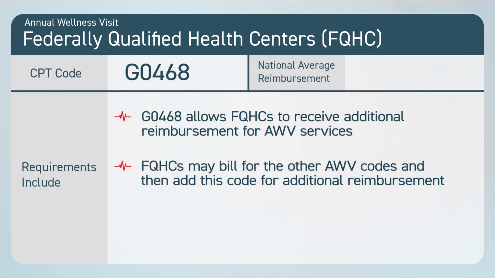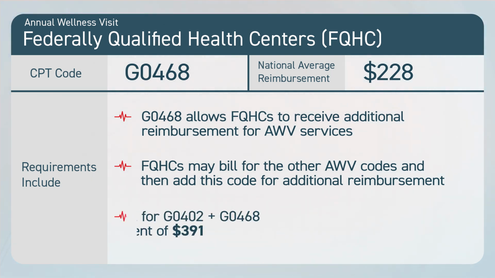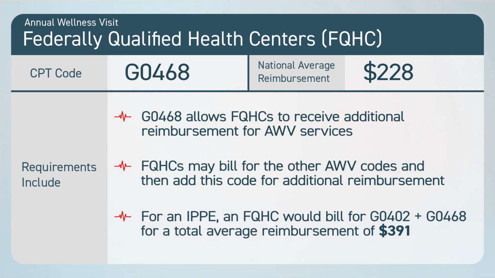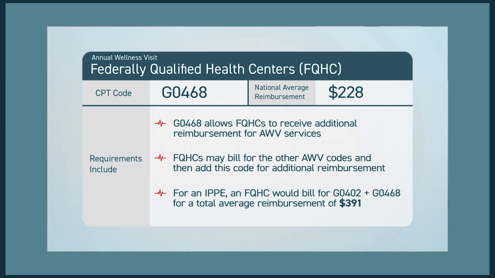G0468 is billed along with the traditional AWV CPT codes. The national average reimbursement for G0468 is $228. So if an FQHC were to provide an IPPE, the clinic would bill for G0402 plus G0468 for a national average reimbursement of $391. So there you have the 2024 codes and reimbursements for annual wellness visits.